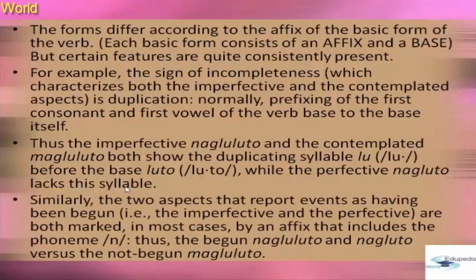Similarly, the two aspects that report events as having been begun, the imperfective and the perfective, are both marked in most cases by an affix that includes the phoneme n, which is the begun: nagluluto and nagluto, versus the not begun magluluto.